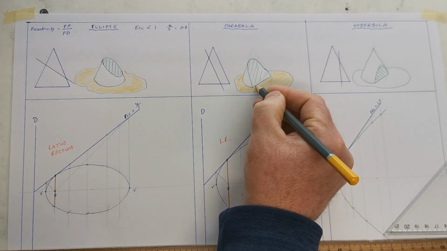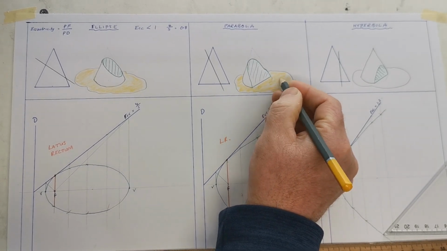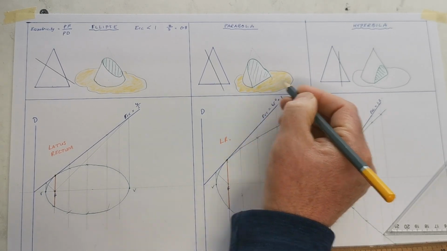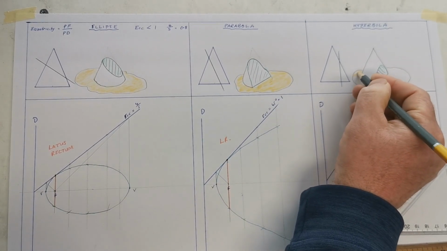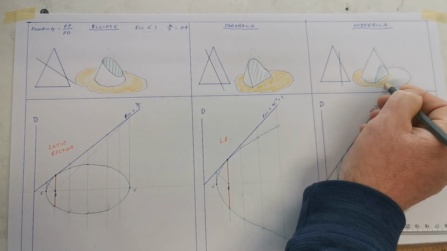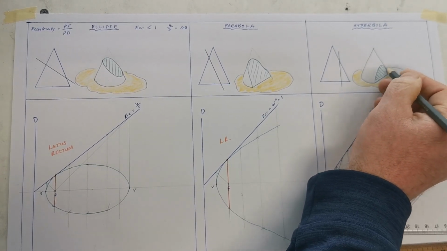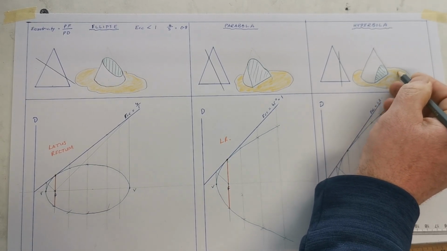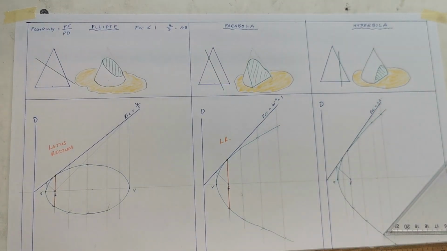You'll notice I'm covering the horizontal plane in here now, because in theory that part of the cone is chopped away. And I'll just put a color on the cone there as well.